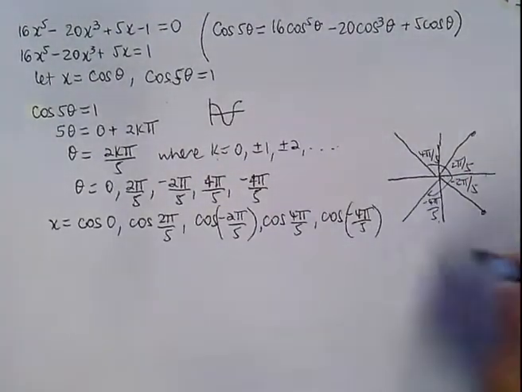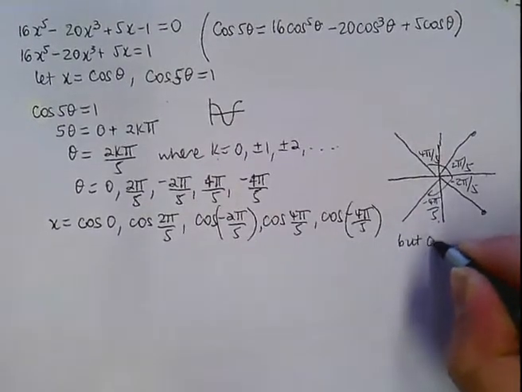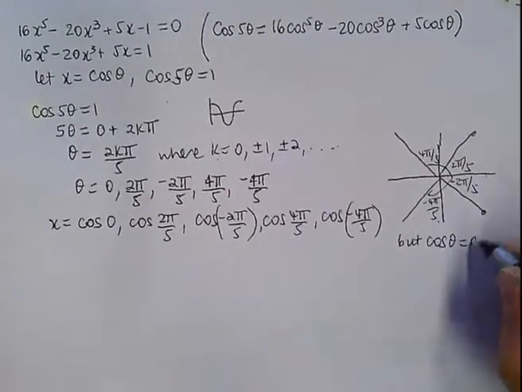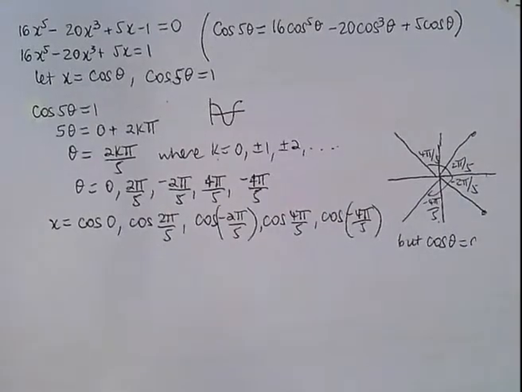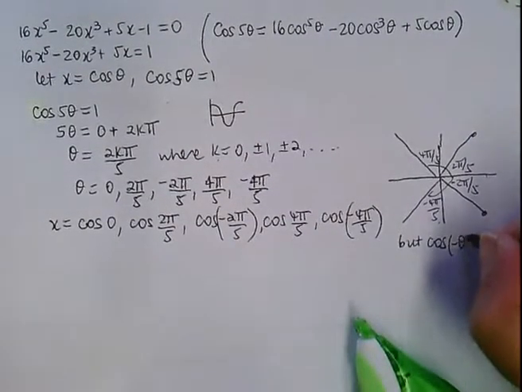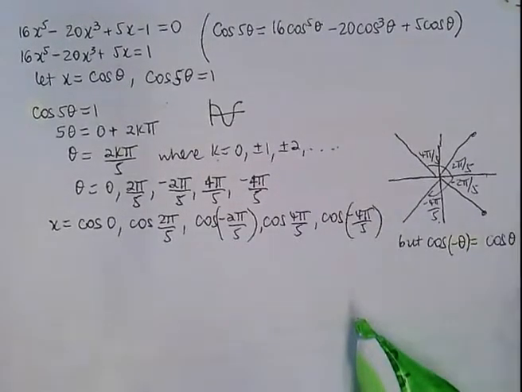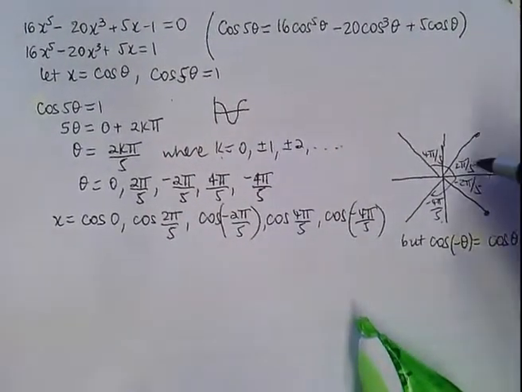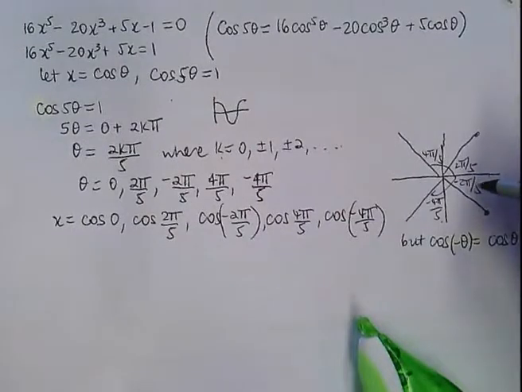Since cos of negative theta equals cos of theta, the cos of negative 2 pi on 5 equals the cos of 2 pi on 5.